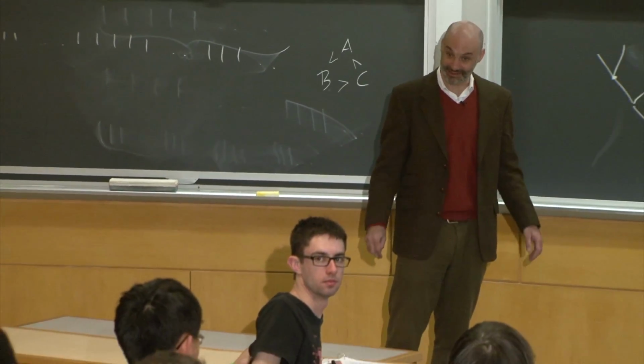So you can just take a singleton set of 1 and a singleton set of 2, none of which is a subset of the other. That's right. That's exactly right.